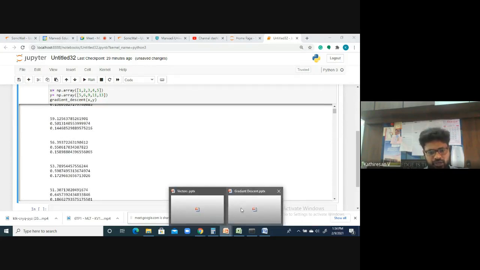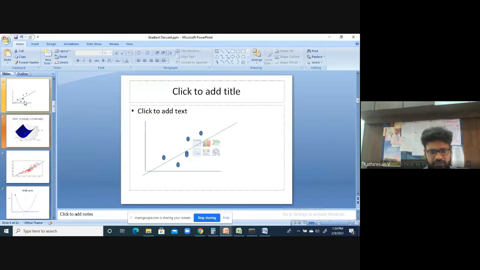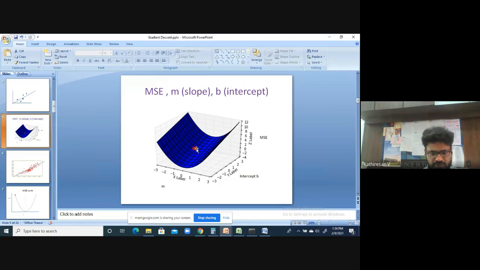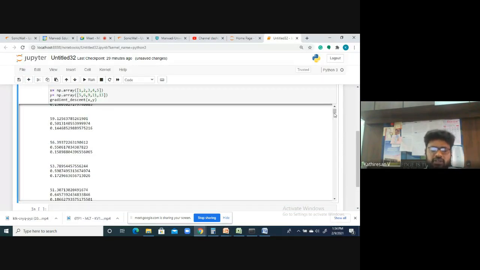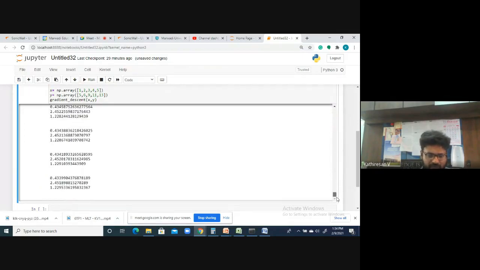So we are going in the right track. Our intention is to reduce the MSE. MSE should be high initially, then it should keep reducing in order to reach the global minima. If it is reducing, we can understand we are going in the right track. So finally, after 1000 iterations, we see here 0.4339. So only a little bit of difference.